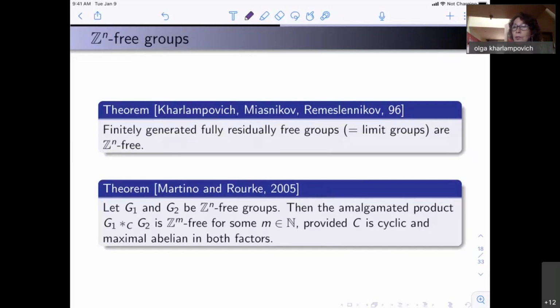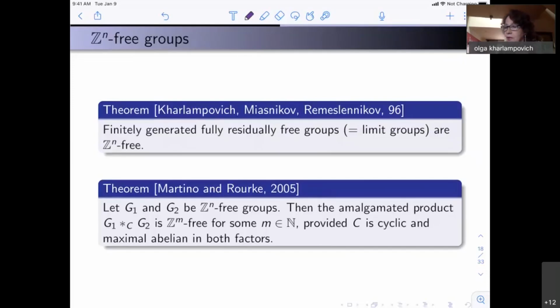Unfortunately, there is no such result for HNN extensions. There are always kind of counterexamples. So there are no good general conditions for when an HNN extension preserves this. I mean, there are good conditions in special cases. Actually, we have a theorem that if you take an HNN extension, then it is also Zm free if the image of the cyclic group, or even abelian group, is length isomorphic.